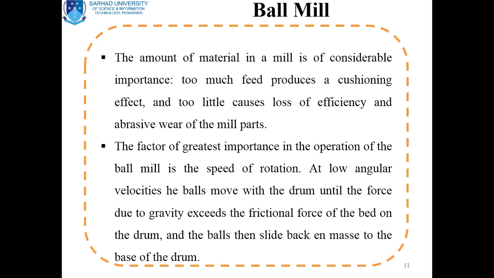Another factor of greatest importance in the operation of the ball mill is the speed of rotation. At low angular velocity, the ball moves with the drum until the force due to gravity exceeds the friction force of the bed on the drum, and the balls then slide back to the base of the drum.